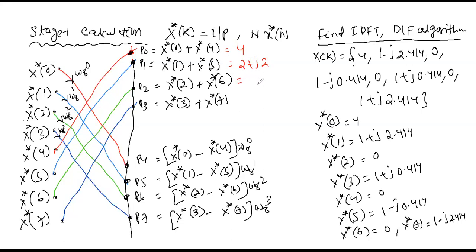P2 becomes 0. P3 is 2 minus j2, P4 is 4, P5 is 2 plus j2, P6 is 0, P7 is 2 minus j2. Okay, so this is the p0 to p7 values.